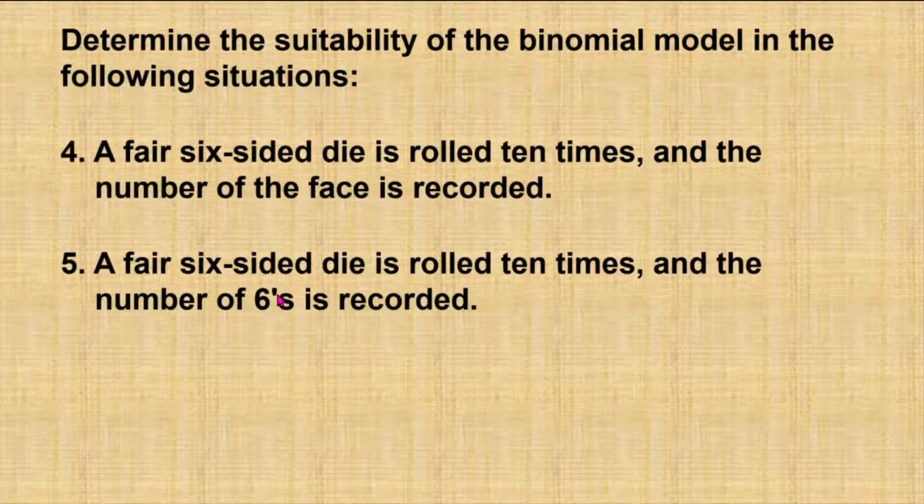The probability of obtaining a 6 is the same, which is 1/6 for each roll. And there are only 2 possible outcomes. Either it is a 6 or it is not a 6. Therefore, it is suitable to be modeled as binomial.